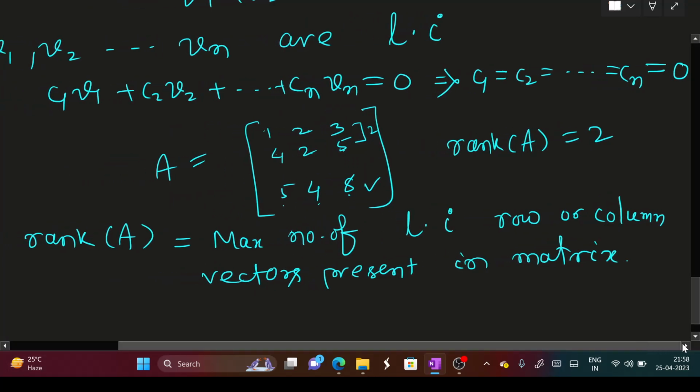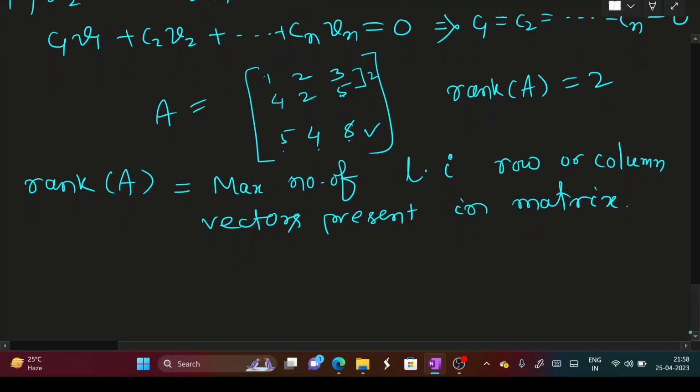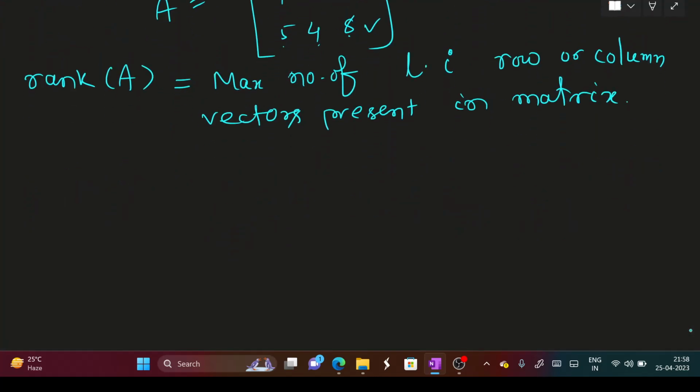Suppose I have a matrix A. I will apply elementary row operations on A so that below the pivots in the pivot columns all entries will be 0.